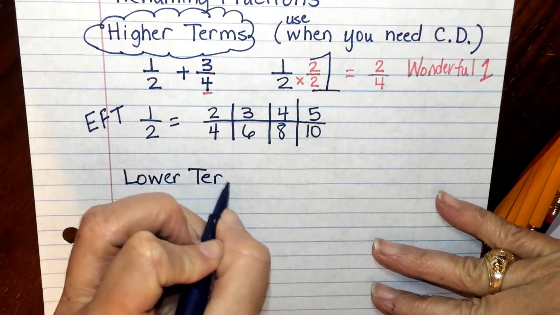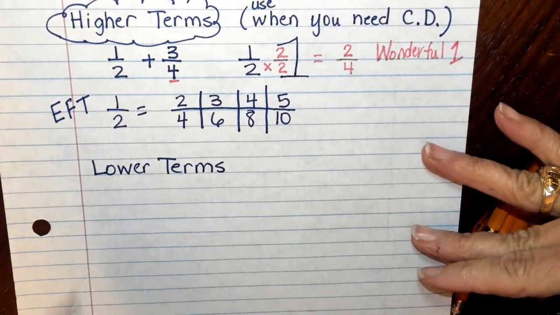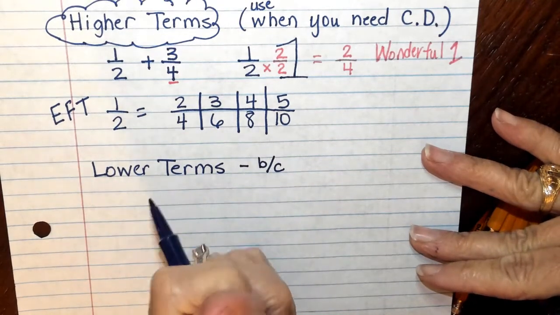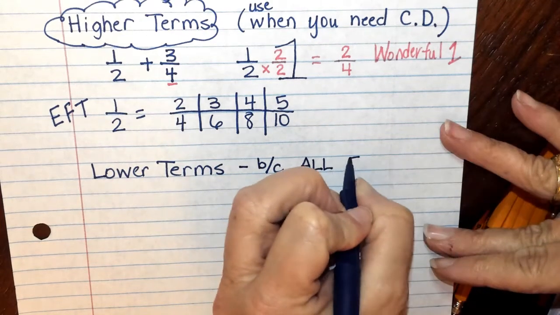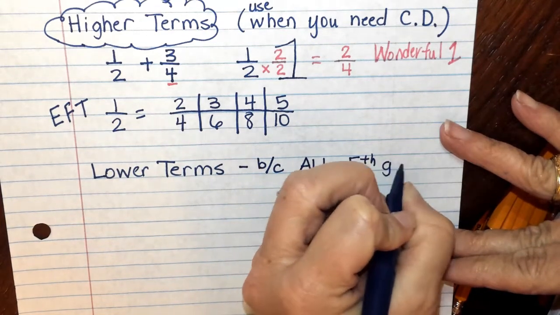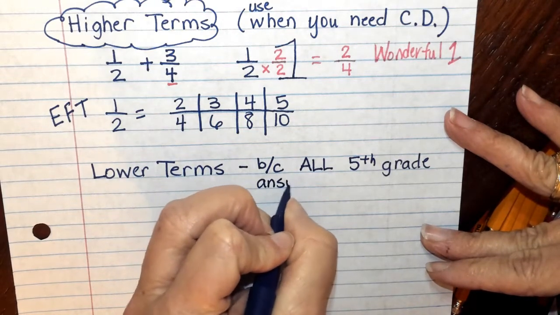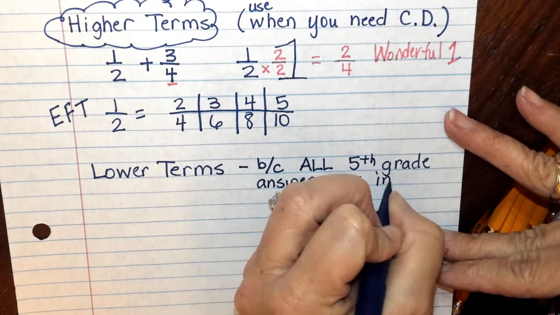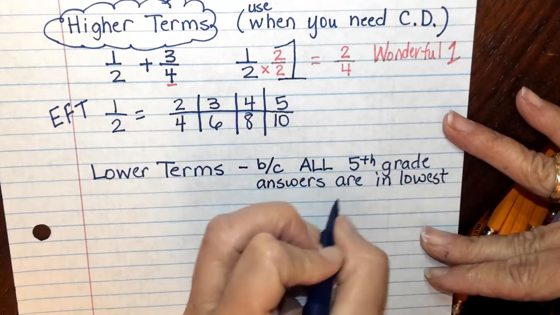And we wanted to know, well, why is it important to know about lower terms? Because BC stands for because all 5th grade answers are in lowest terms.